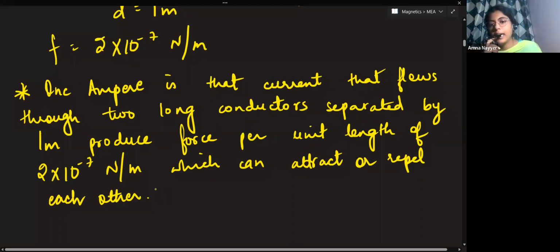Fine, that's how you can define it. So before moving on to the questions, note down all these points.